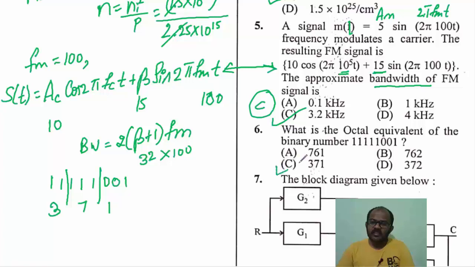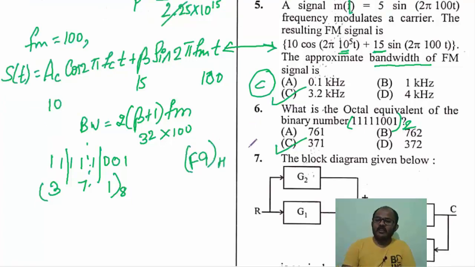So this is 371 to the base 8. So for the given binary number, 371 is the octal equivalent. If they are asking for the hexadecimal equivalent, at that time you need to group 4 digits. If you group 4 digits, you will get 9 and F, nothing but F9 in hexadecimal.